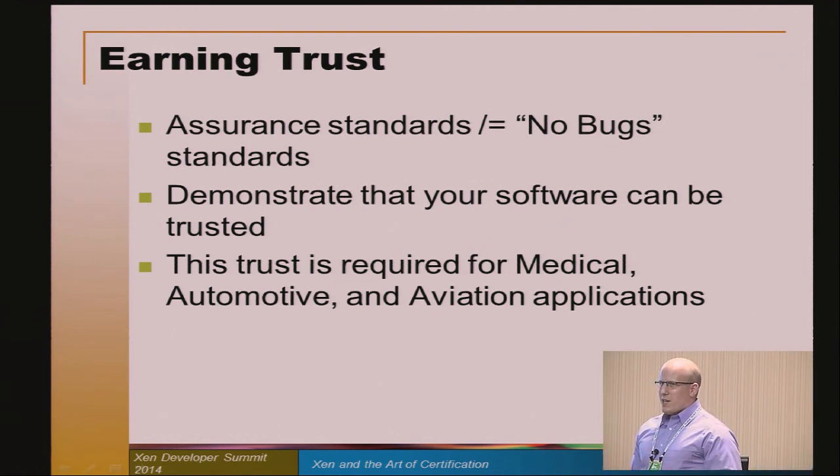Kind of what this means is that you have to demonstrate that your process to build the software will catch most of the bugs. It's obviously not possible to catch all the bugs, so this is something you have to do. And usually you demonstrate this trustworthiness to a government body. People tend to trust the government in general, so then they tend to trust your software.